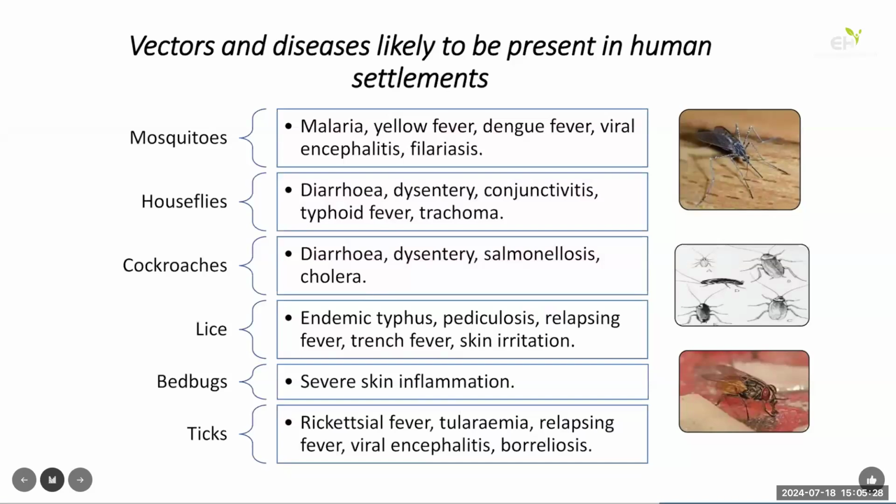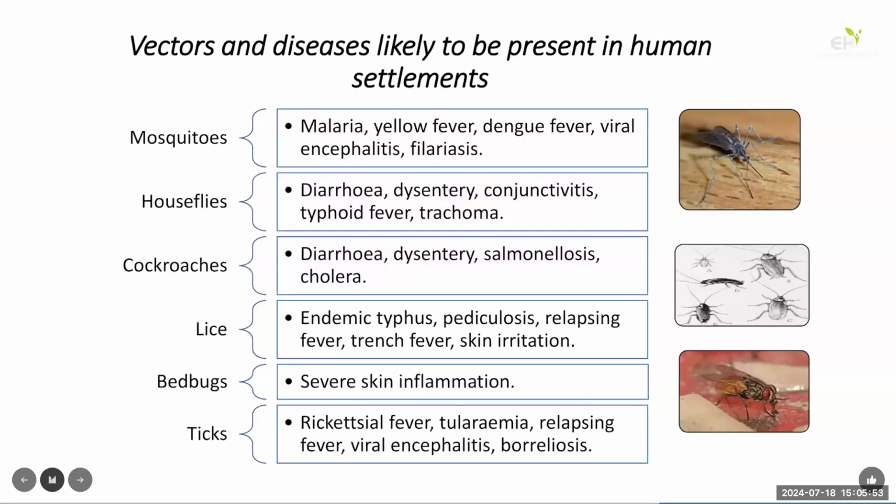So to start with, I just want to open our discussion to look at other vectors in addition to mosquitoes causing malaria. So we do have mosquitoes as well, but mosquitoes cause more than just malaria. We have mosquitoes that are causing yellow fever, dengue, filariasis, encephalitis, and so on around the world.